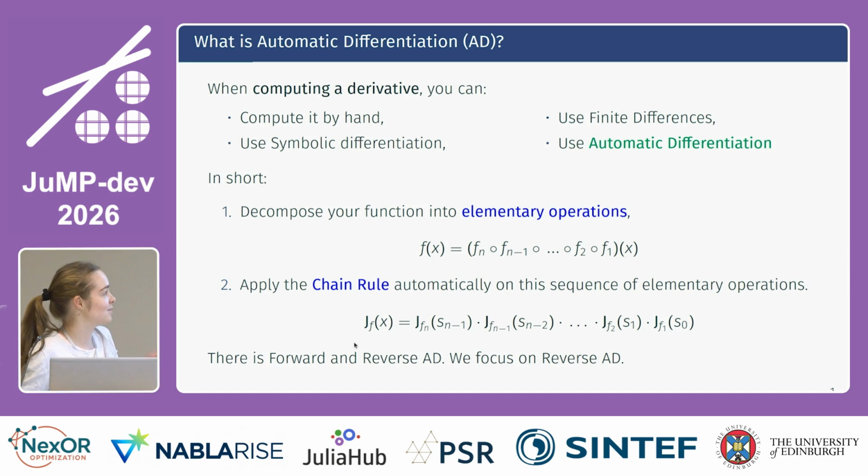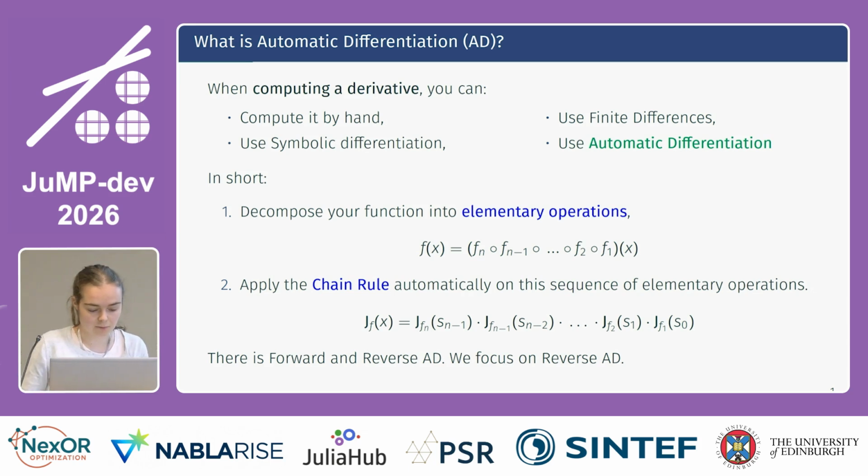So to remind you of the chain rule, it says that the Jacobian of your function is just the product of the local Jacobians of all the intermediate functions that you have, so all of this. But in practice, we never compute the Jacobian of the function. We always compute Jacobian vector products. And this is what differentiates between forward and reverse AD.